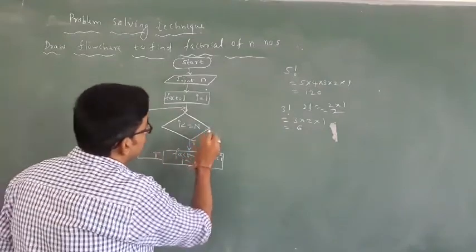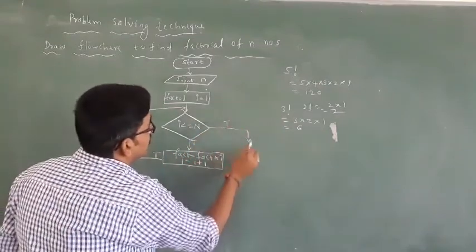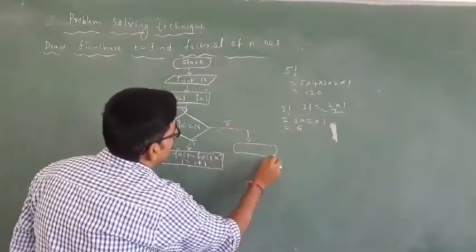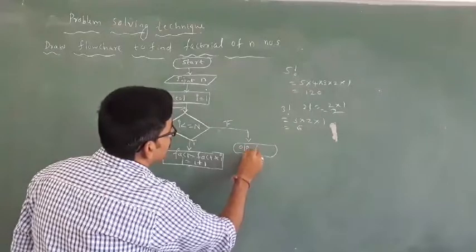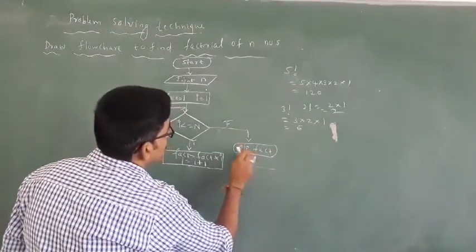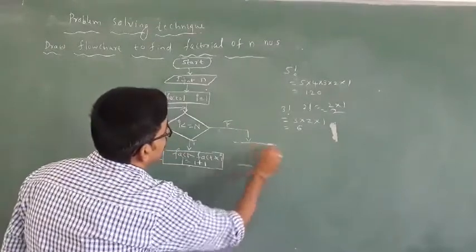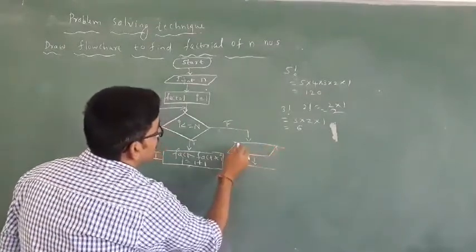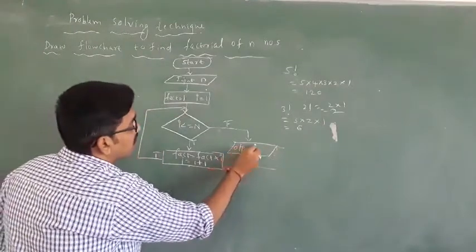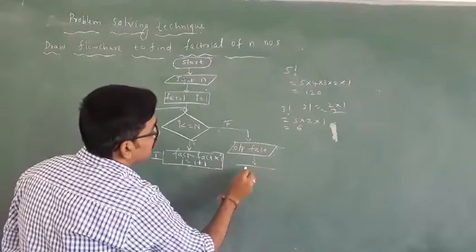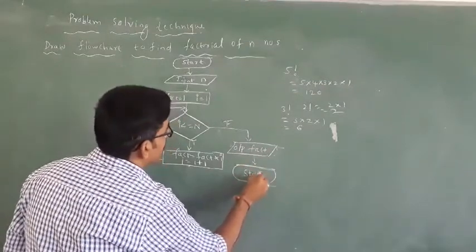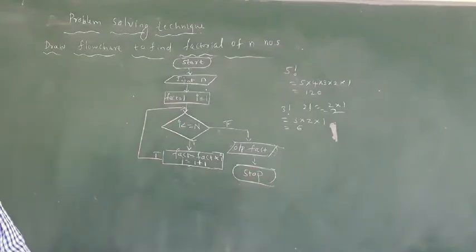If it is false, then you get the output. Output is fact, then stop. Output you always write in a parallelogram. Output is fact, then here stop. You have to remember this.